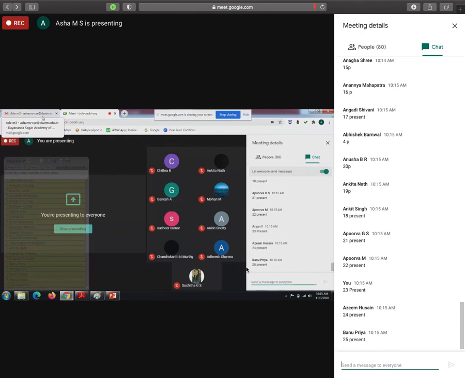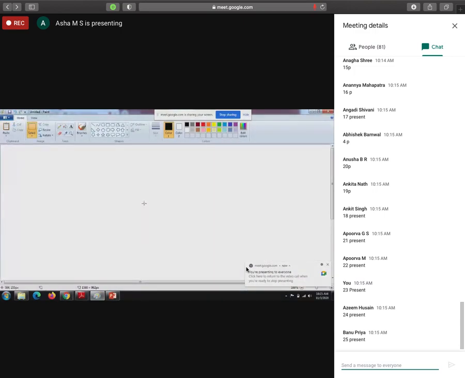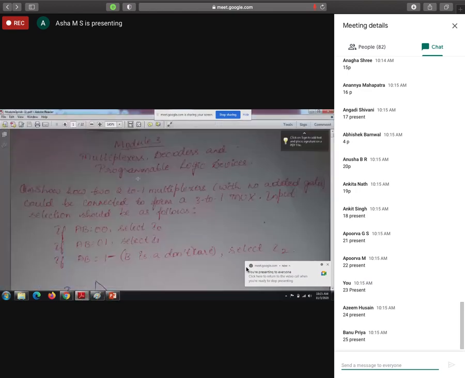Copy the questions. What is there in the question? Read out the question. They asked us to construct two 2 to 1 multiplexers, and we are not going to add any extra gates, to form a 3 to 1 mux.